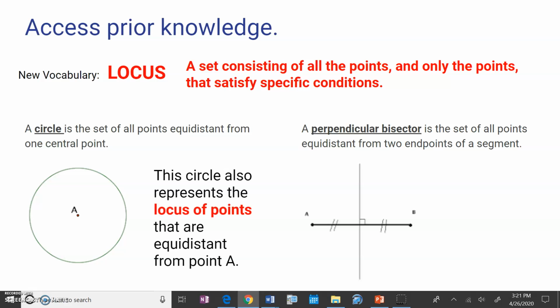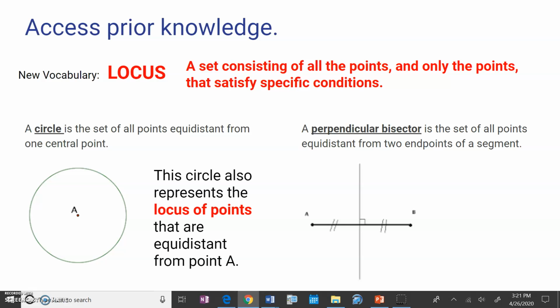And we'd say that the circle is the locus of points that are equidistant from point A. If we wanted to include this as coordinate geometry, we could have that center at an ordered pair and give you a radius, and we can write the equation of the circle and say that that equation represents the locus of points that are equidistant from point A.